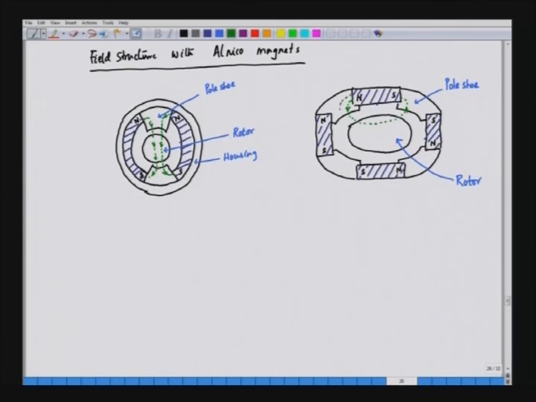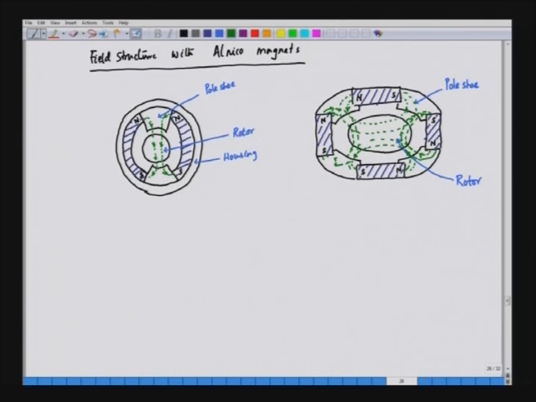Similarly, here we have other flux lines coming out of the north pole and entering the south pole, and here also.